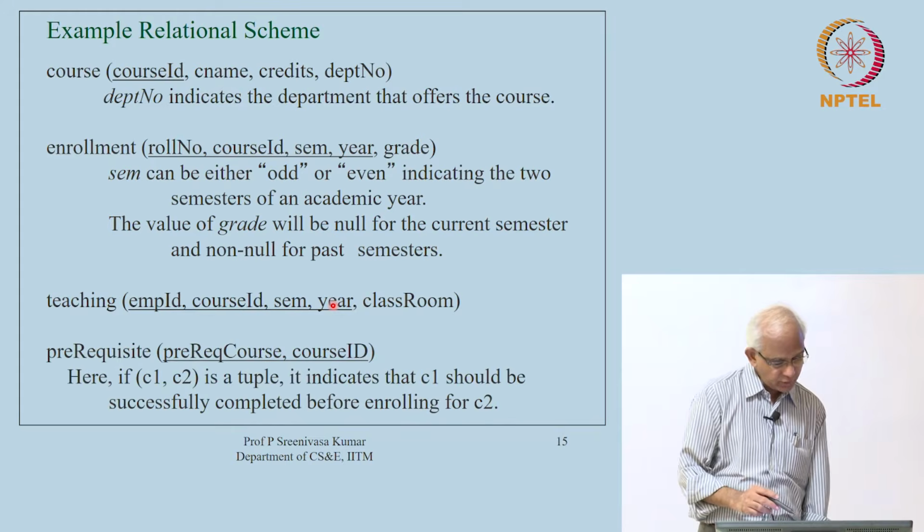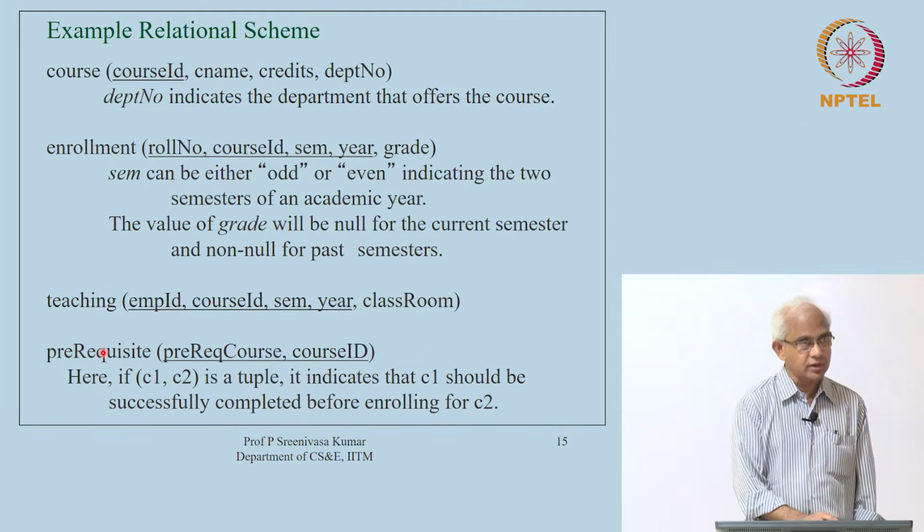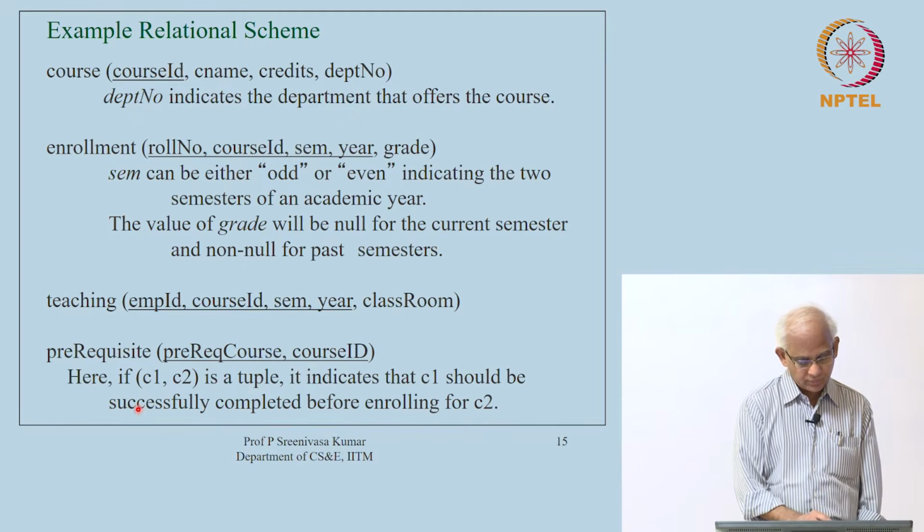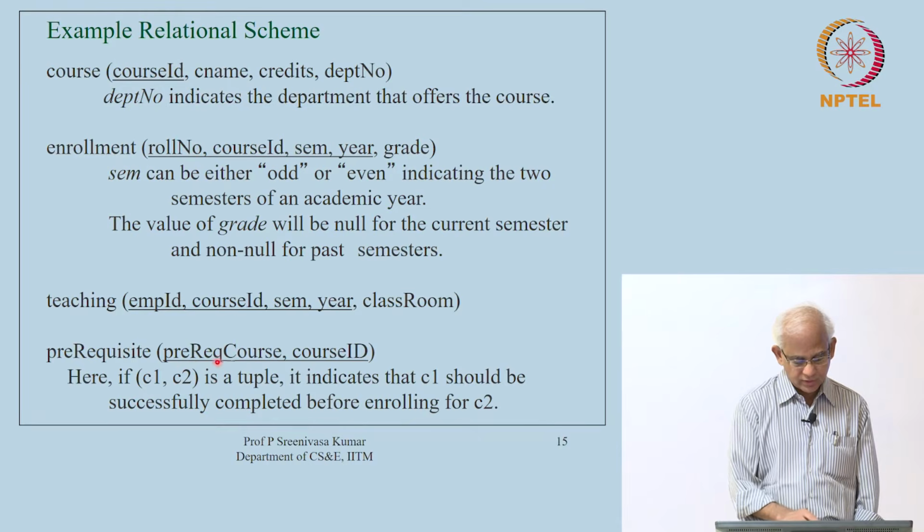Now, finally, we also have prerequisite relation, which basically has two attributes called prereq course and course ID. And here, if some tuple C1 C2 exists in this particular relation, what it basically indicates is that C1 is a prerequisite for C2.